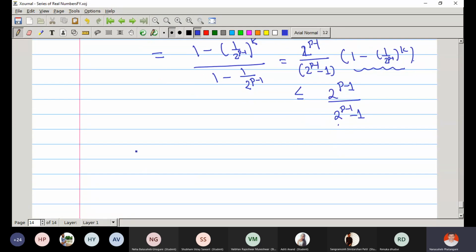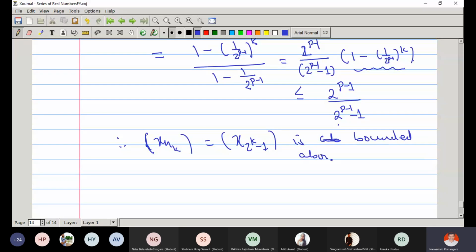So what can I say? Therefore x_nk, that is x_(2^k − 1), is bounded above. This subsequence is bounded above.